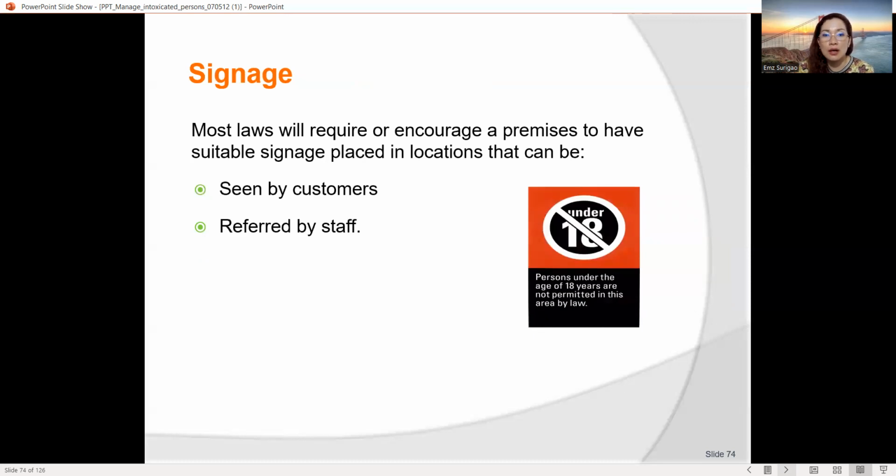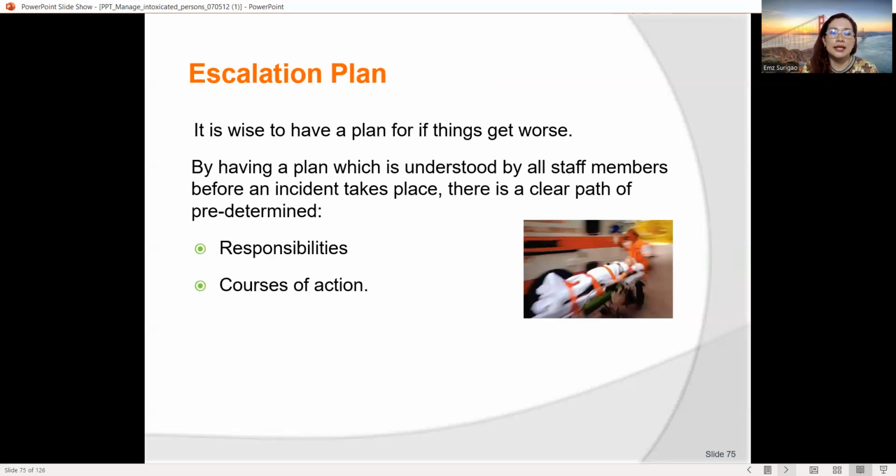Signage. Most laws will require or encourage a premises to have suitable signage placed in locations that can be seen by the customers and referred to by staff. Like underage should not be permitted. Okay, so under 18 years old is not allowed. Escalation plan. It is wise to have a plan for if things get worse.